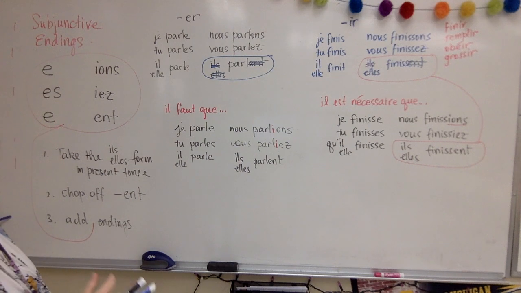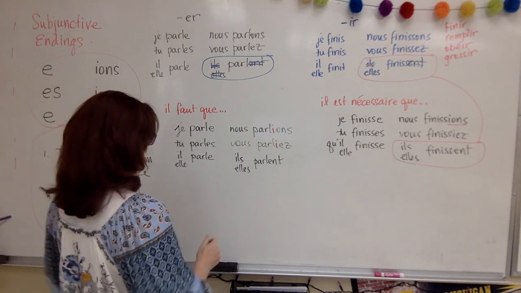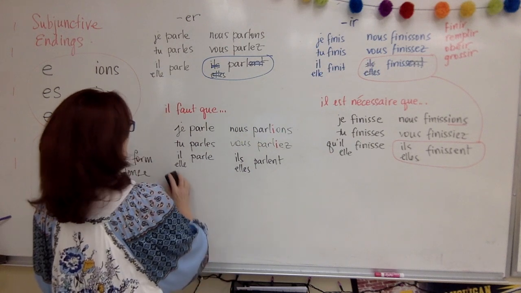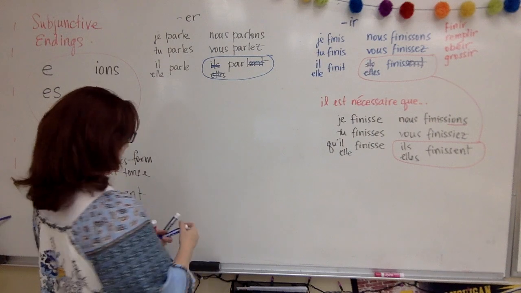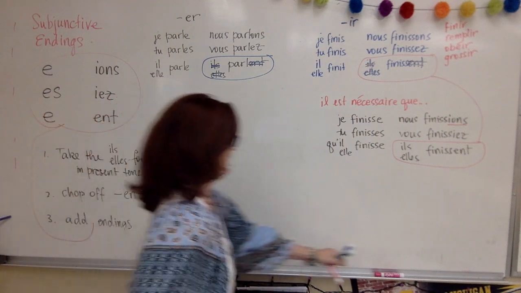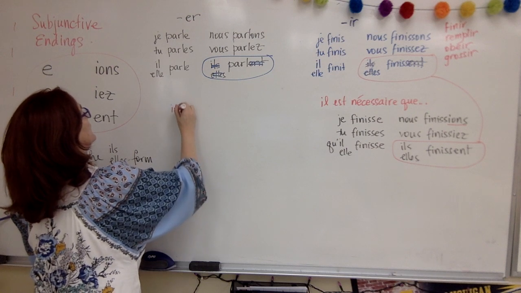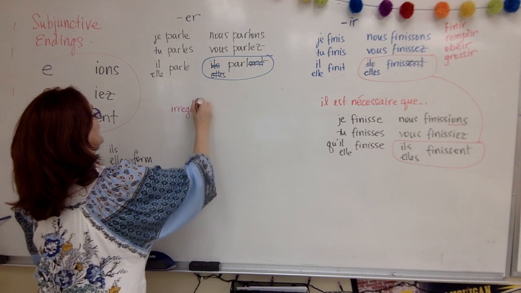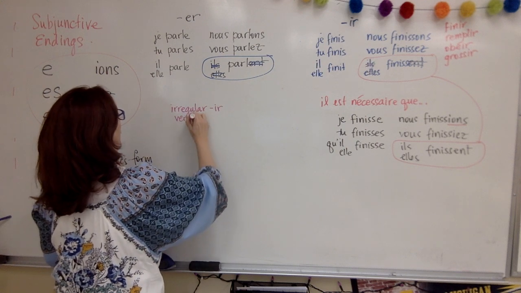Now I want to show you one last category that's a little more complicated. Actually, it's not that complicated. It's pretty easy. Let's see if you can read if I write in the hot pink, the irregular IR verbs.